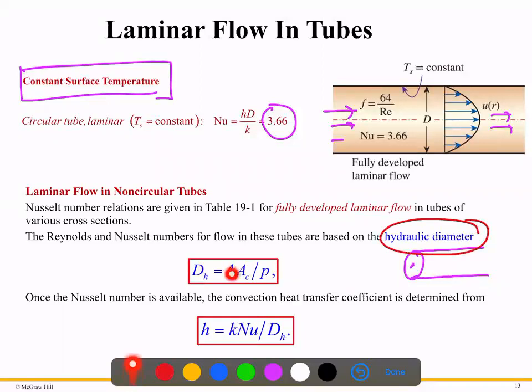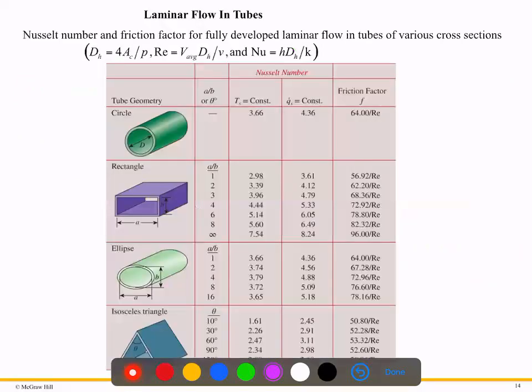Hydraulic diameter is D_h equals 4 A_c over P, where A_c is the cross-sectional area and P is the perimeter. We substitute this value into the Nusselt number definition, and then we get the heat transfer coefficient for a non-circular pipe. It uses the hydraulic diameter, not the normal diameter.